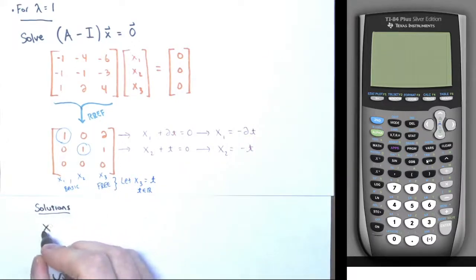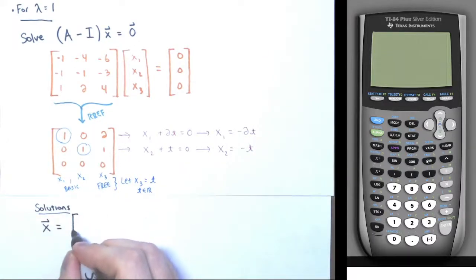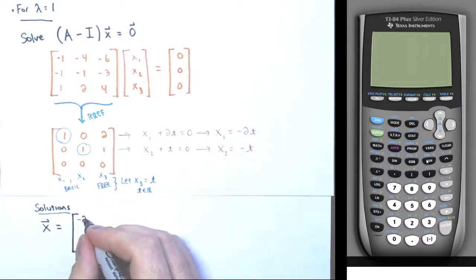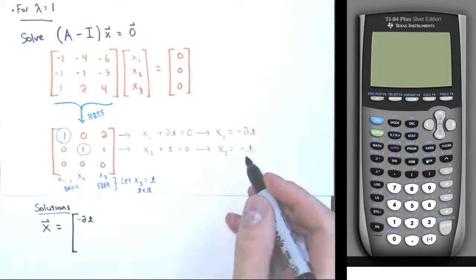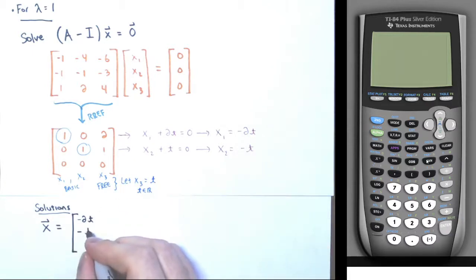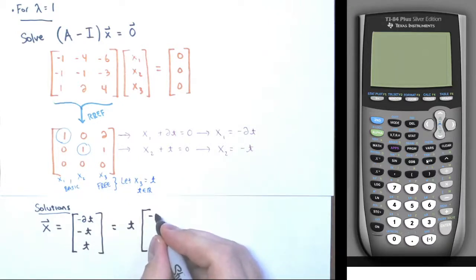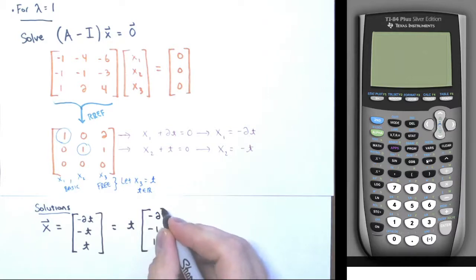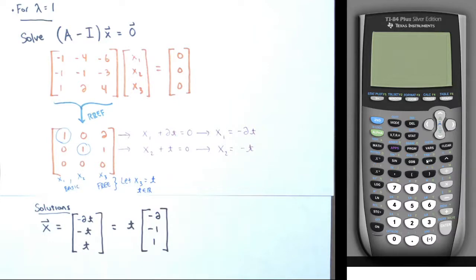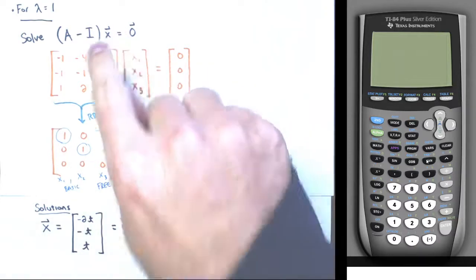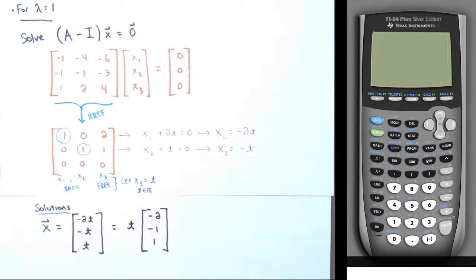I can replace the vector x with a vector of 3 components, where the first component is negative 2 times that free variable t, the second component x2 is negative 1 times t, and the third component is just t. And pulling the t out, I have the vector t times the vector negative 2, negative 1, 1. And there we go. There's a description of all the solutions of this equation, including the 0 vector.